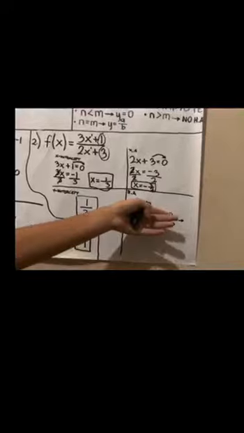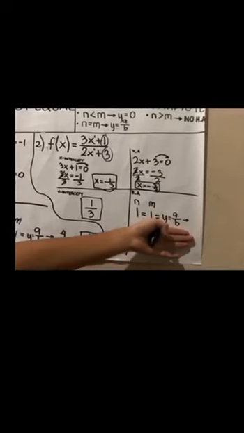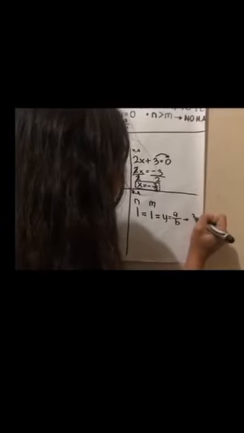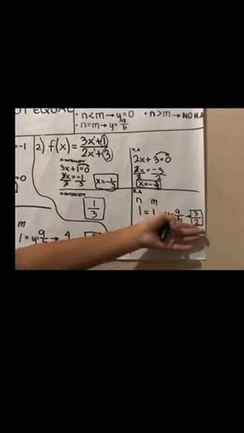So what is our a over b? We can get this by looking at the first number of the numerator, which is 3, over the first number of the denominator, which is 2. So our horizontal asymptote is positive 3 over 2.